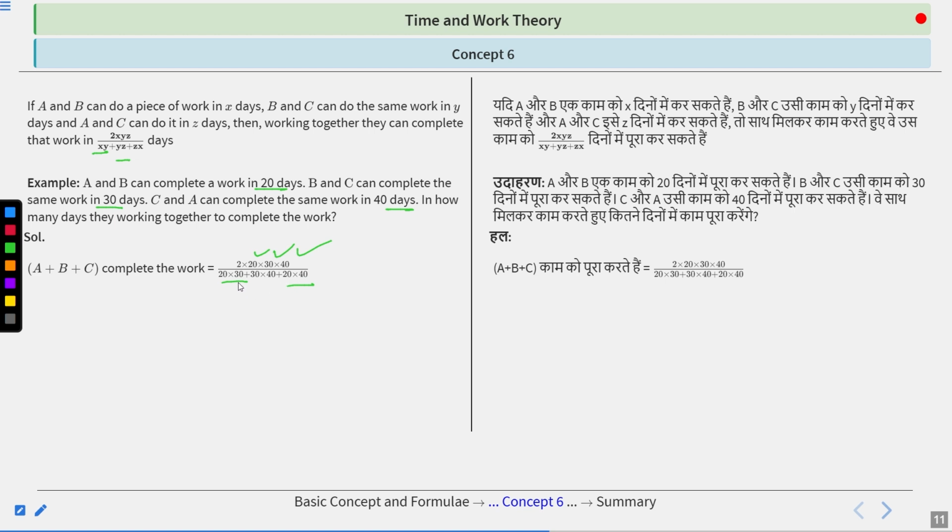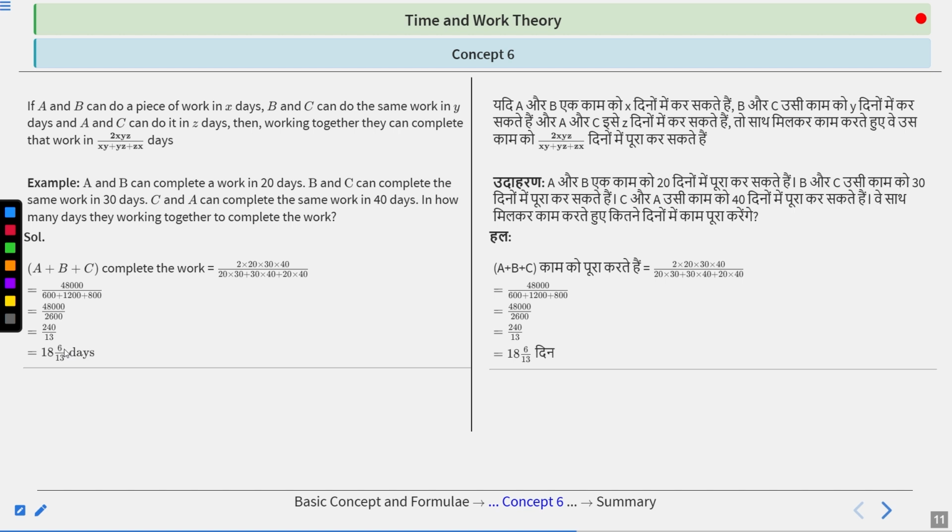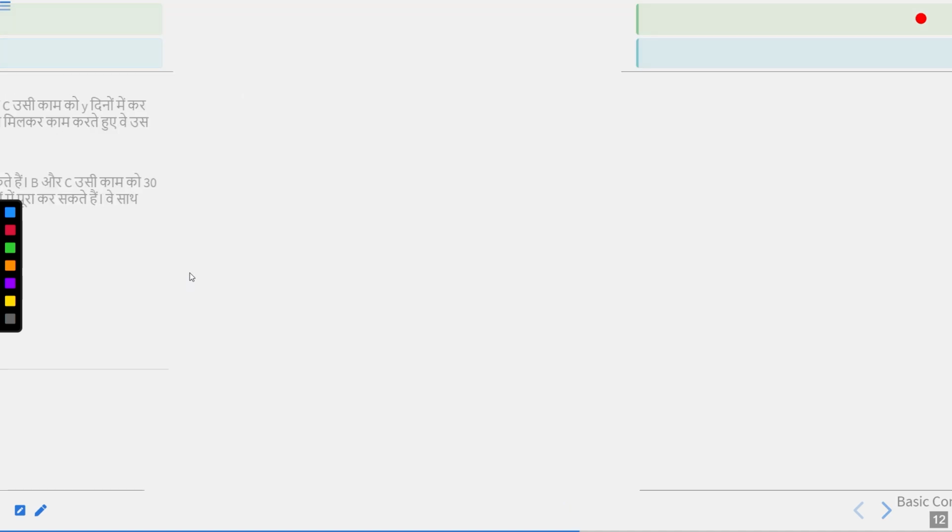Clear? So when we calculate it, we get 48,000 upon 2600. So it will become 240 upon 13, which we can write as 18 6 by 13 days in mixed fraction. Clear? Now next concept.